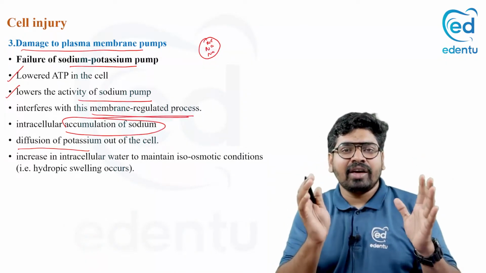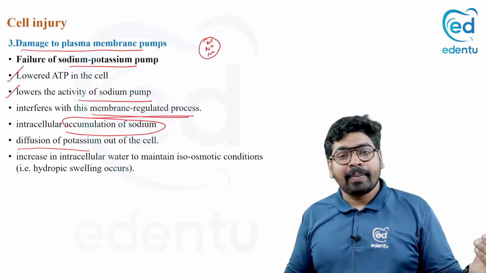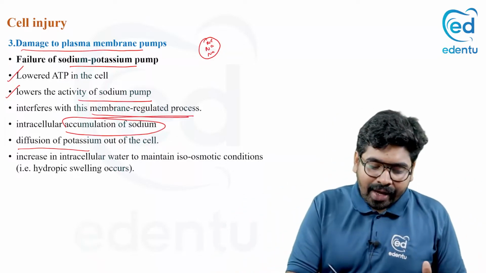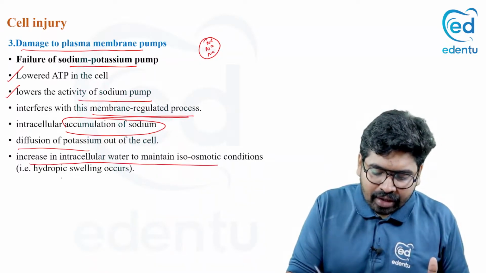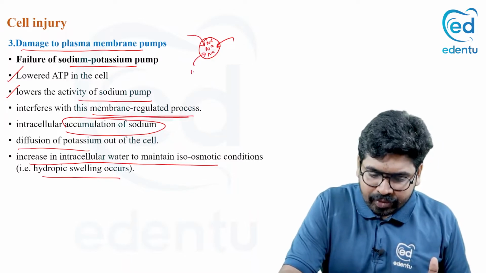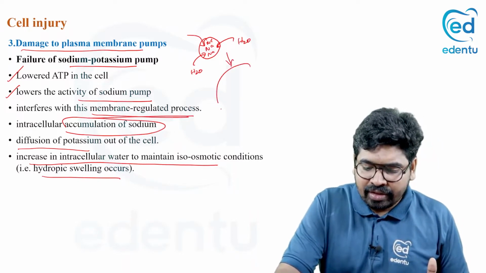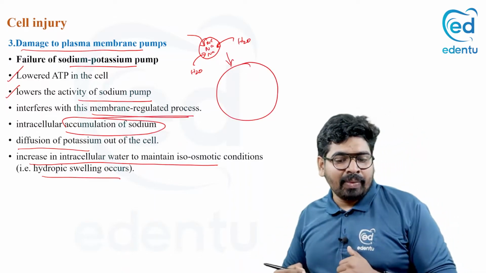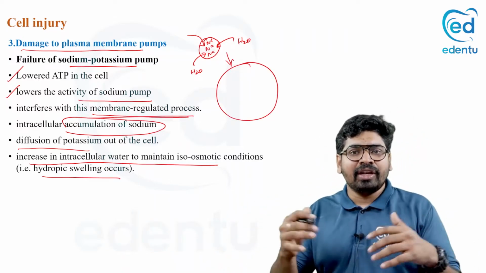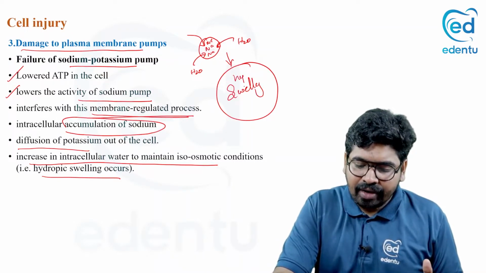Whenever there is a high concentration of salt, there is high osmotic pressure, and it will absorb more water. So more and more water comes into the cell, and the cell swells. This is called hydropic swelling.